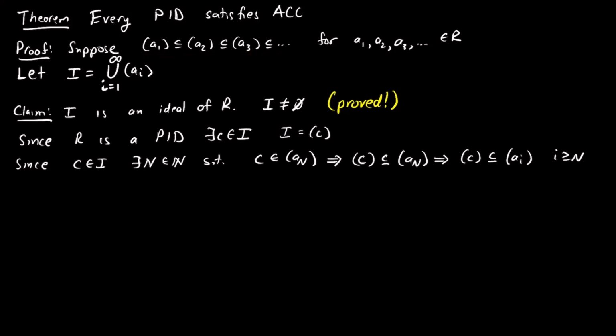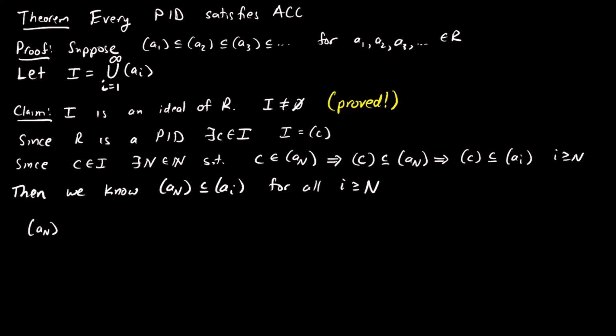Okay, well, this is kind of clever, because we know that the ideal generated by A_n is a subset of the ideal generated by A_i for all i bigger than or equal to n. That's just our ascending chain. So I need to show that the subset goes the other way. So how am I going to do this? Well, I'm going to have the ideal generated by A_n is a subset of the ideal generated by A_i, which is a subset of I, right?